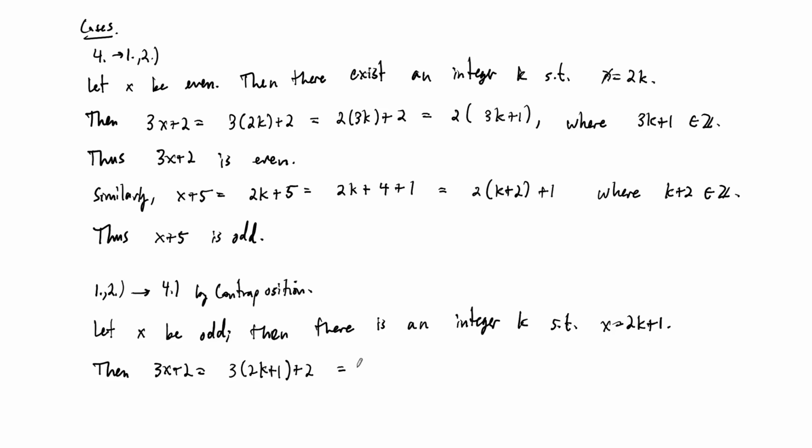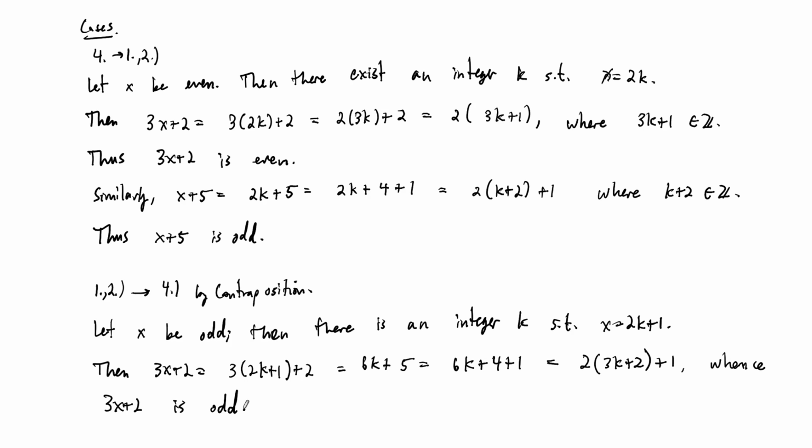We just work this out, so this becomes 6k plus 5. Like we did before, we take out the 1 from this, and we can write this as 2 times 3k plus 2 plus 1. And then we'll just state here, whence 3x plus 2 is odd.